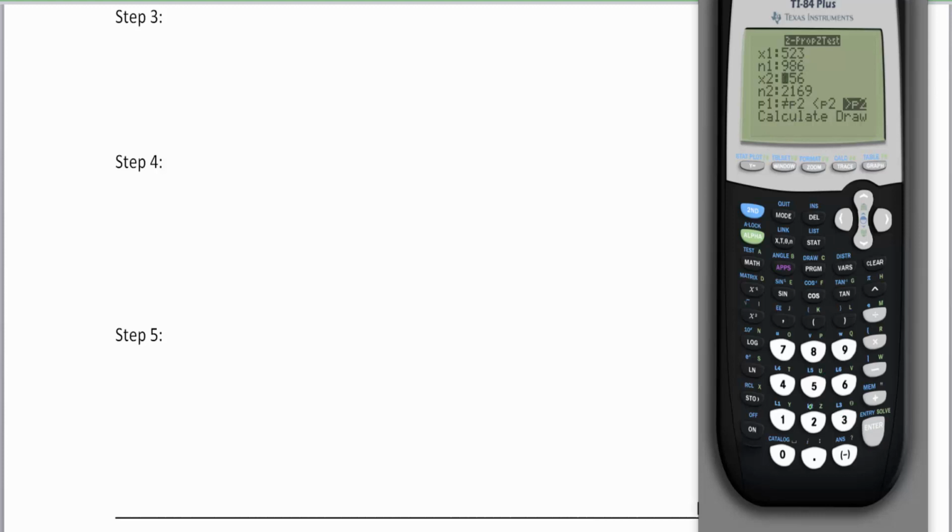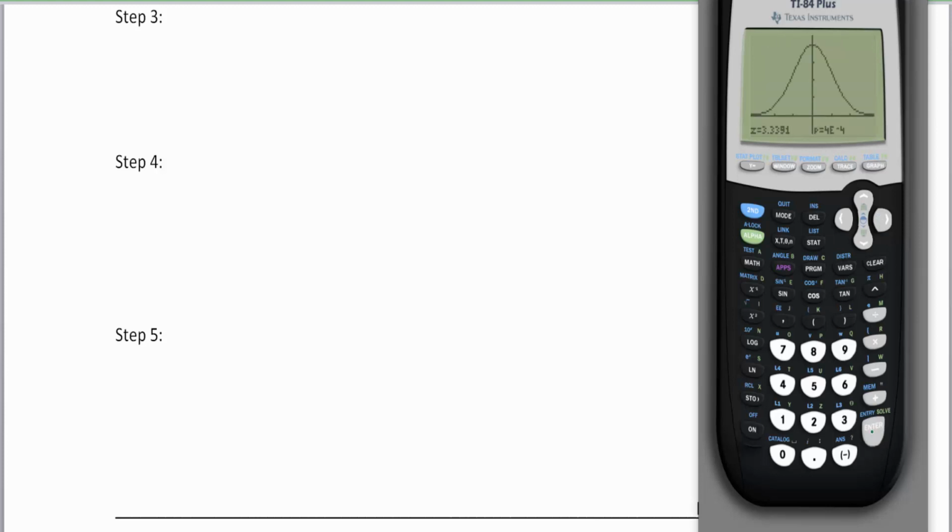Then we type in our 625 for my x of the older group, and then 1,357. And again, we want another greater than problem, and we're going to click on draw.